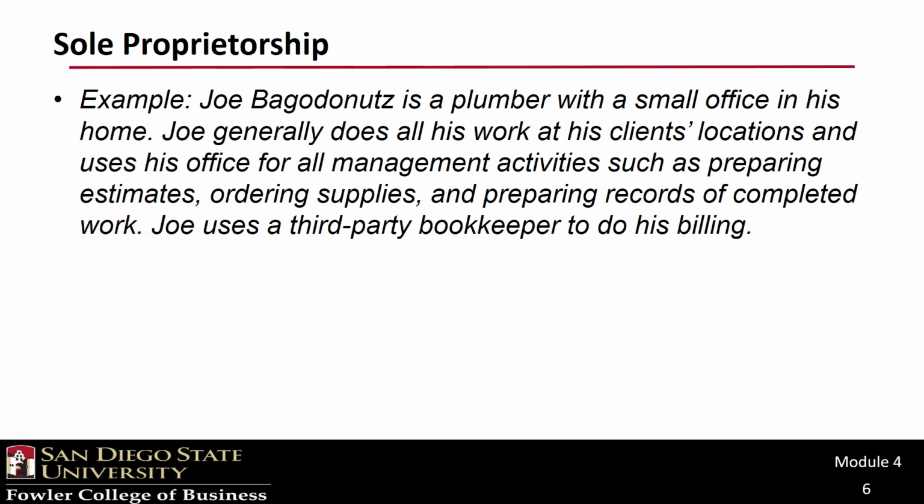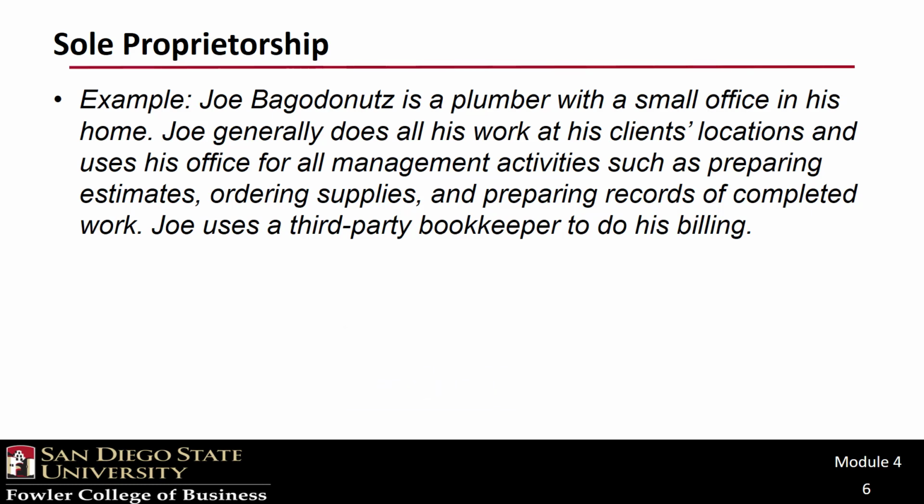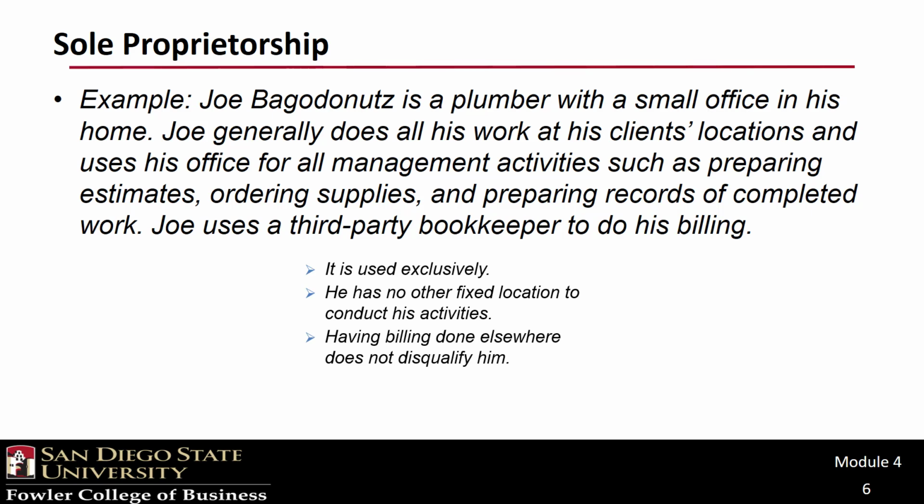So let's read about Joe and determine if he can take a home office deduction. So Joe's office is used exclusively. He has no other fixed location, and just having a few administrative duties done elsewhere doesn't preclude the home office deduction. So as a result, Joe is eligible.